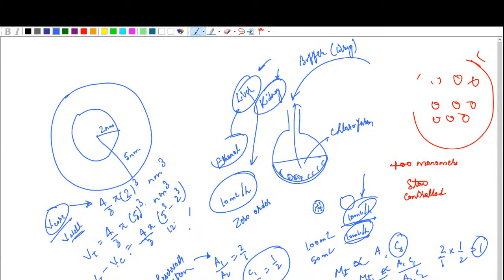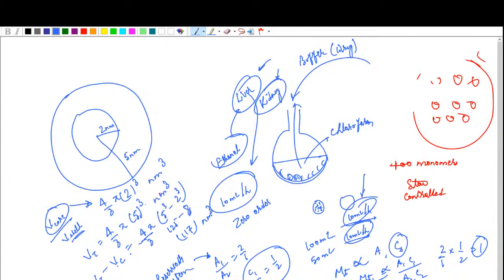So this is 125 minus 8, and that will basically become 117. So that's what you'll get, and this again will be nanometer cubed.